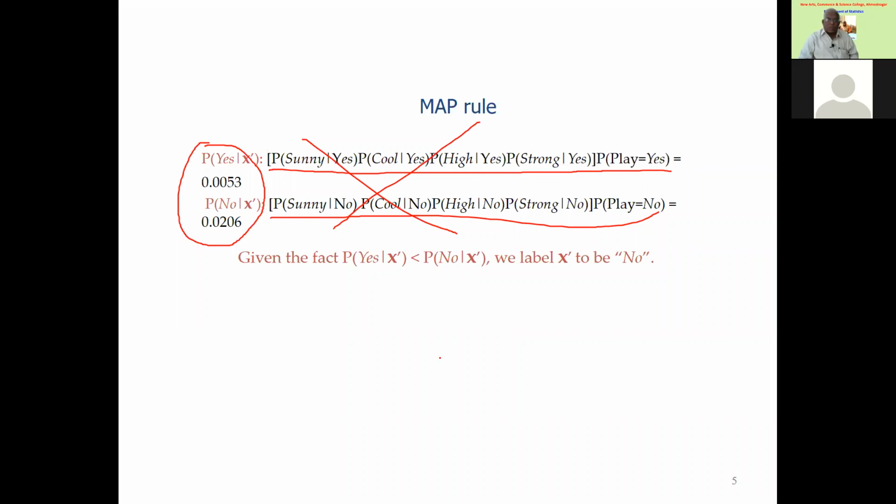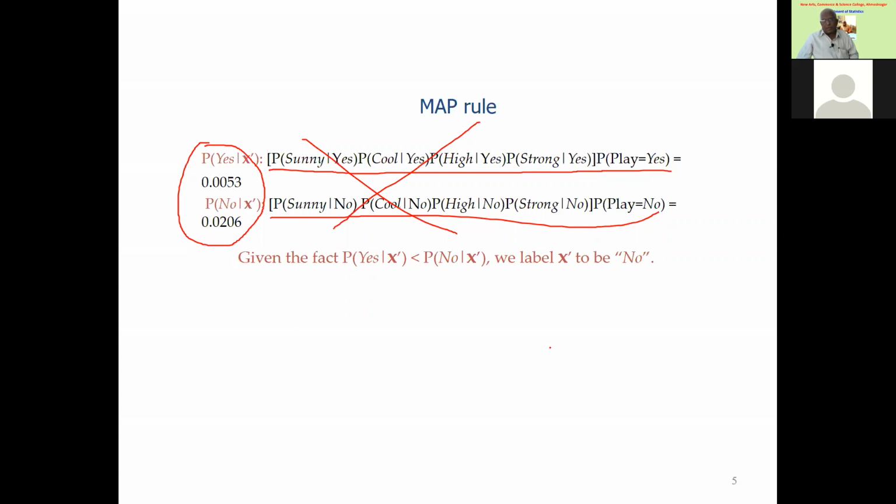Now you may ask the question, why probability of yes plus probability of no is not 1? It must be, but it is not 1.